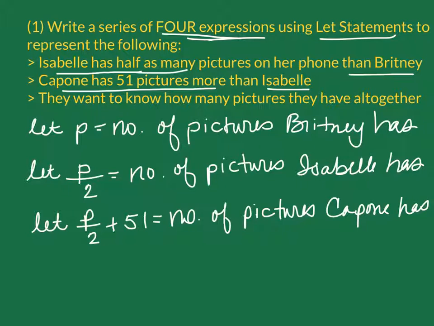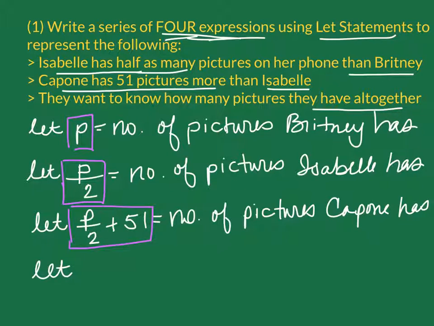And then we know we're writing 4 expressions, and we know that they want to know how many they have all together. So all together means a total. I find a total by adding each one of these together. So I need to keep in mind each expression for each person's number of pictures. I'm going to add them all together.